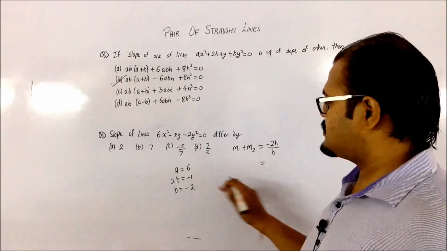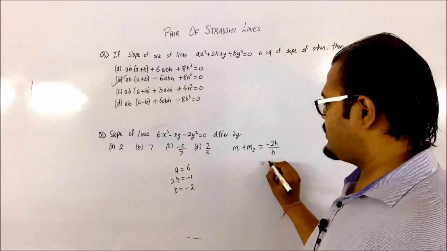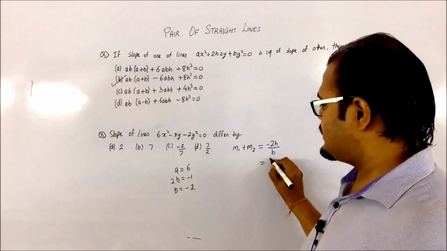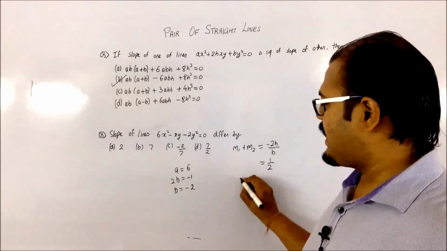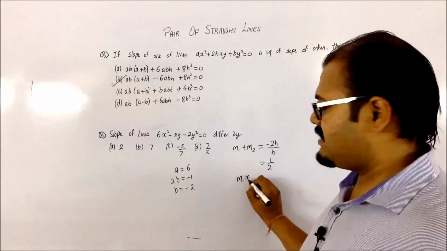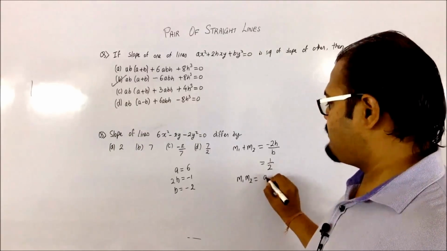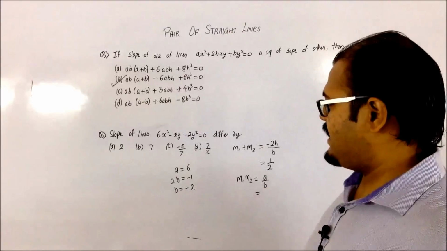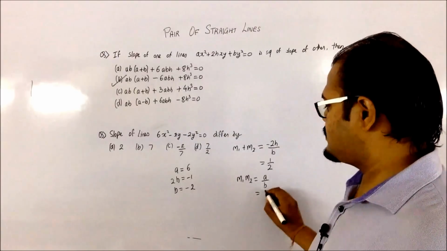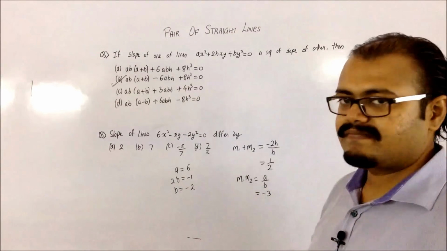So minus 2h is minus 1 by b is minus 2. So I will get it as 1 by 2. And the product of them, that is m1 m2, is given by a by b. My a is 6 and my b is minus 2. I will get it as minus 3.